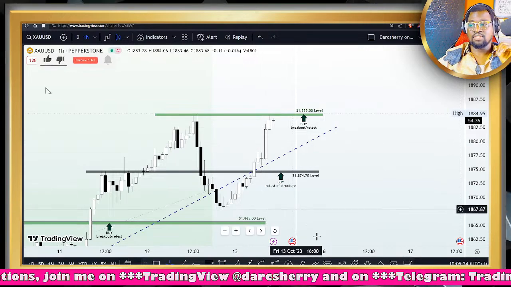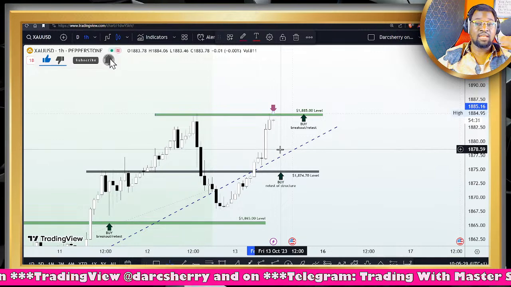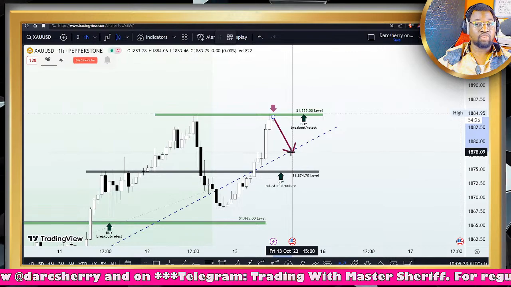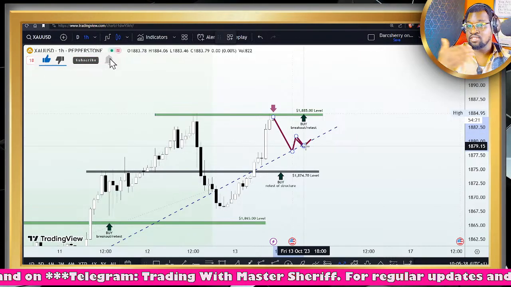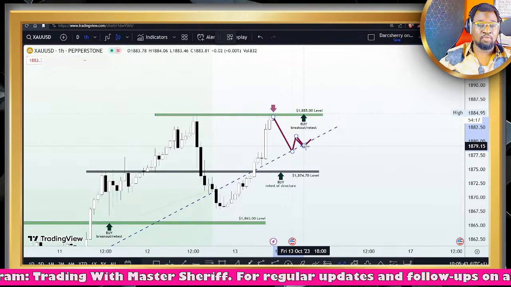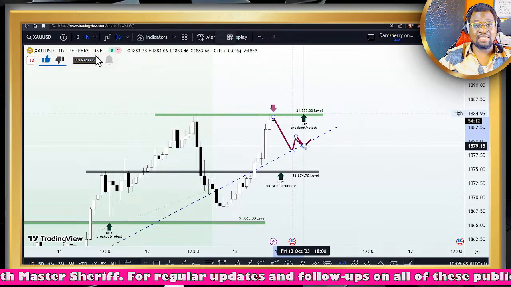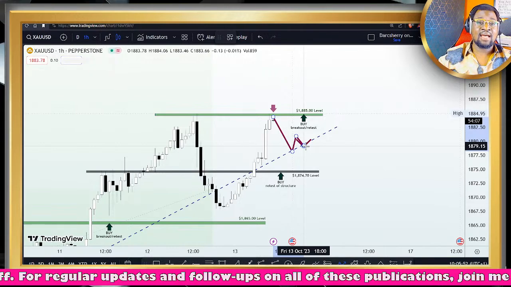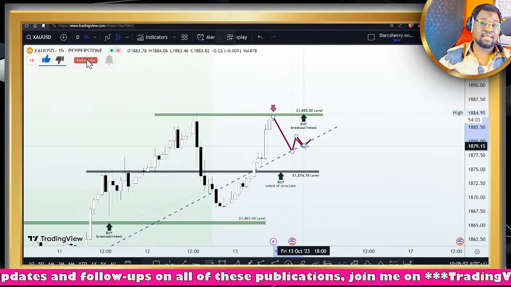Or we could see some selling pressure resume below the 1,885, just like it did yesterday. Price retracing back into the ascending trend line, and if I begin to see some buy pressure here where price transitions into a reversal pattern, maybe in the form of a double bottom or inverse head and shoulders pattern or falling wedge, whichever case it may be, all I just want to see is buy pressure and signs that sellers are finding it difficult to drop and stay below that ascending trend line.